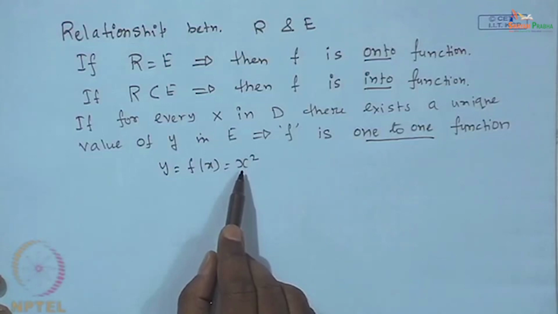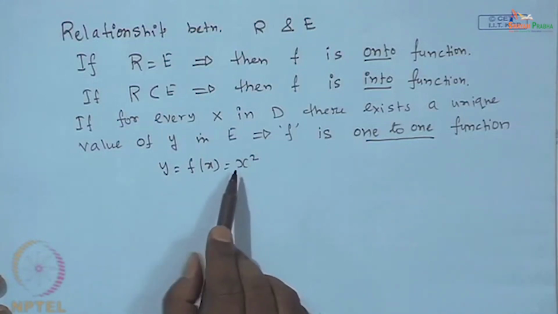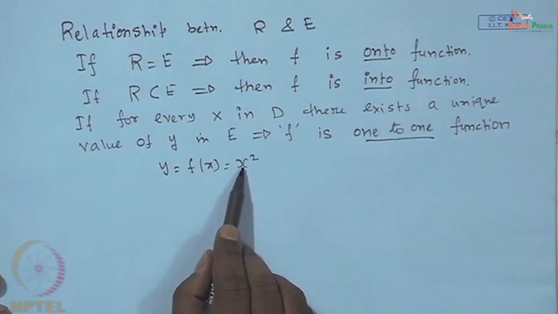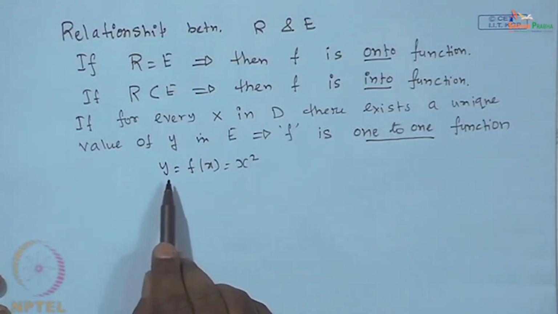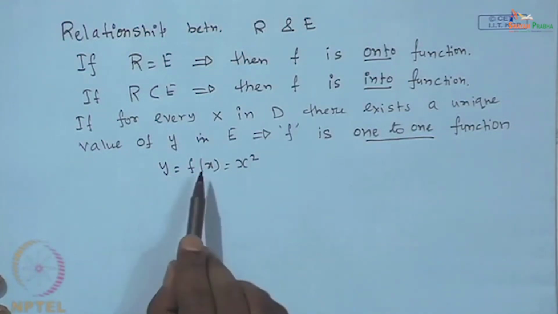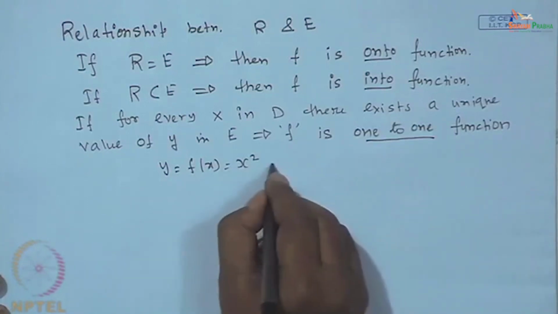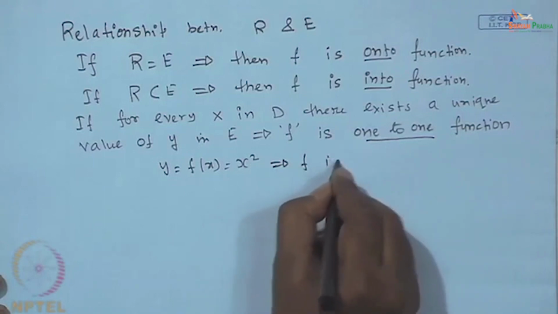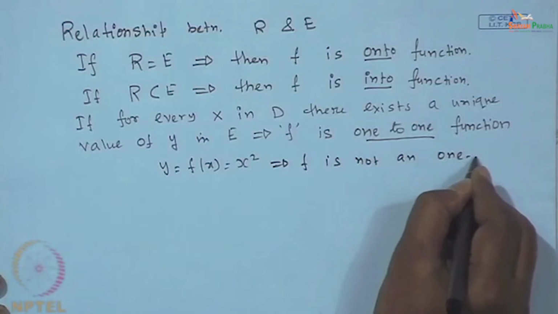For x equal to minus 5, y is equal to 25; for x equal to plus 5, y is equal to 25. So, for different values of x in D, there does not exist a unique value of y in E. So, therefore, this function f is not a one-to-one function.